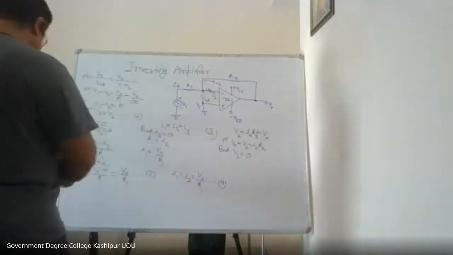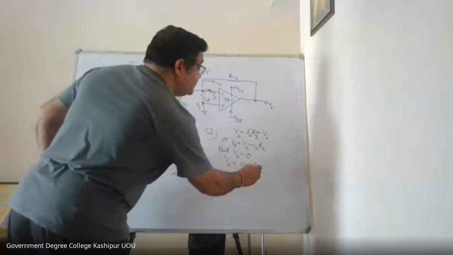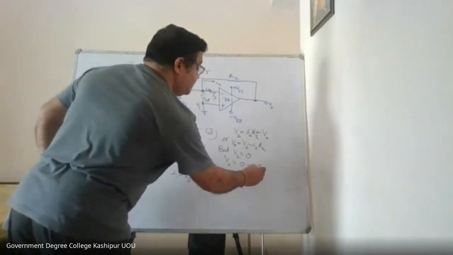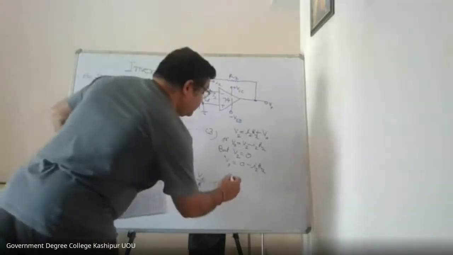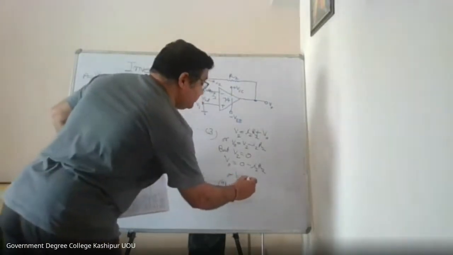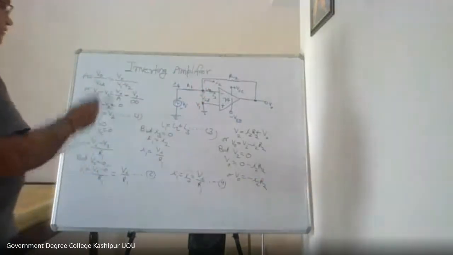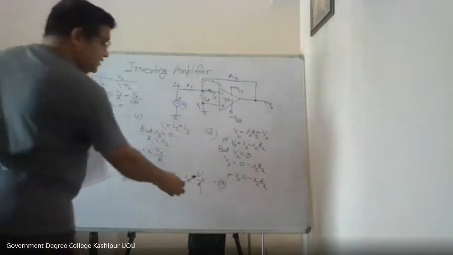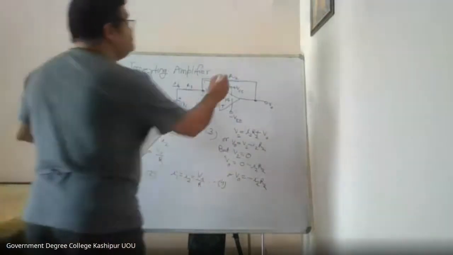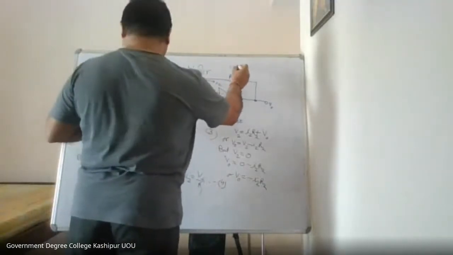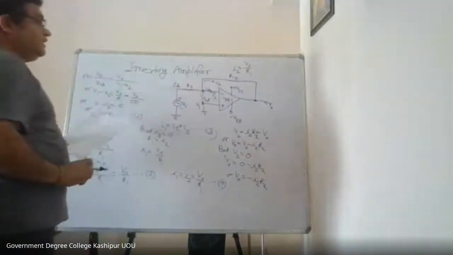Equal to 0. Then VO equal to 0 minus I2 R, or we can say VO equal to minus I2 R. But from equation number 4, I2 equal to Vi upon R1.